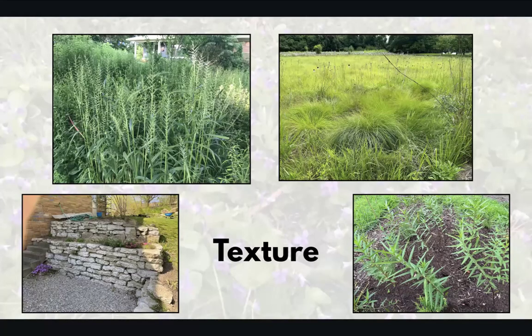Texture adds a richness through the visual qualities of the plants and materials. Smooth versus rough, glossy versus matte, fine versus coarse. Juxtaposing textures can create interest and depth, and it can also create a lot of tension and release. And I really like that aspect of it.